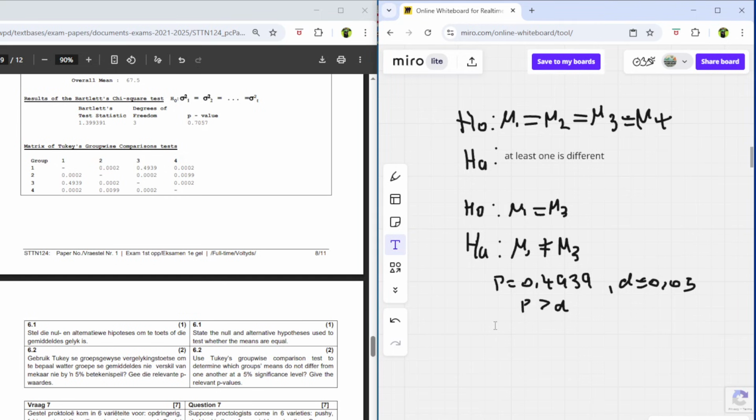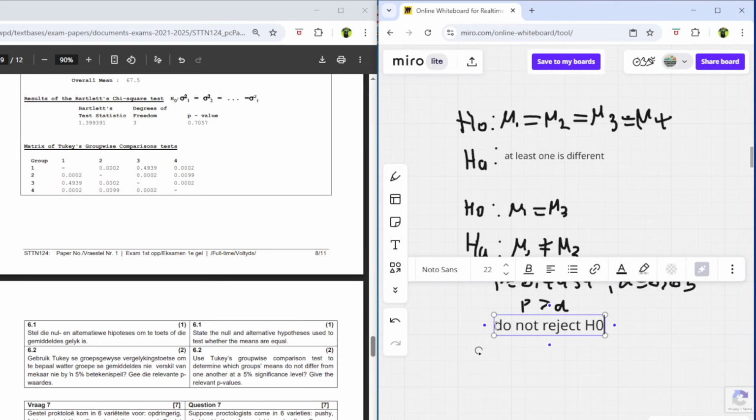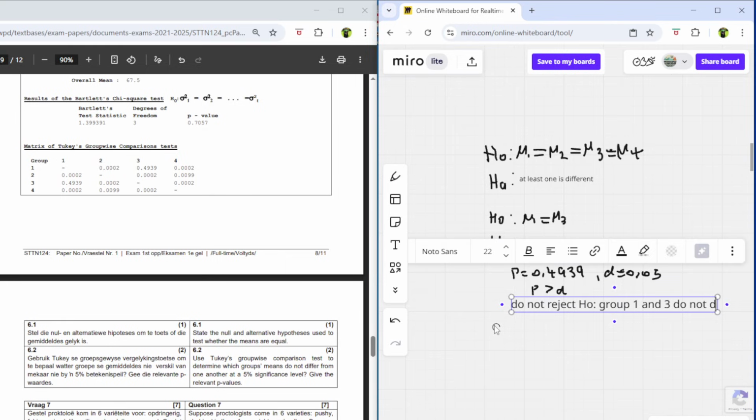Therefore, do not reject the null hypothesis. Do not reject H0. And then you say group 1 and 3 do not differ.